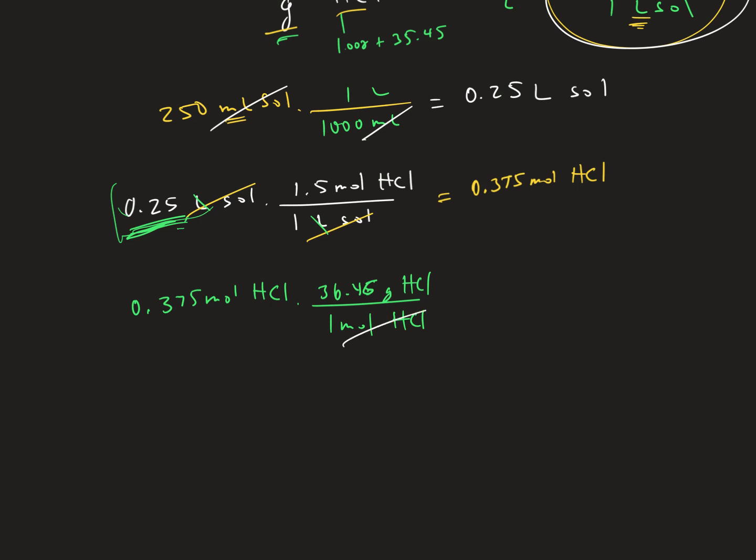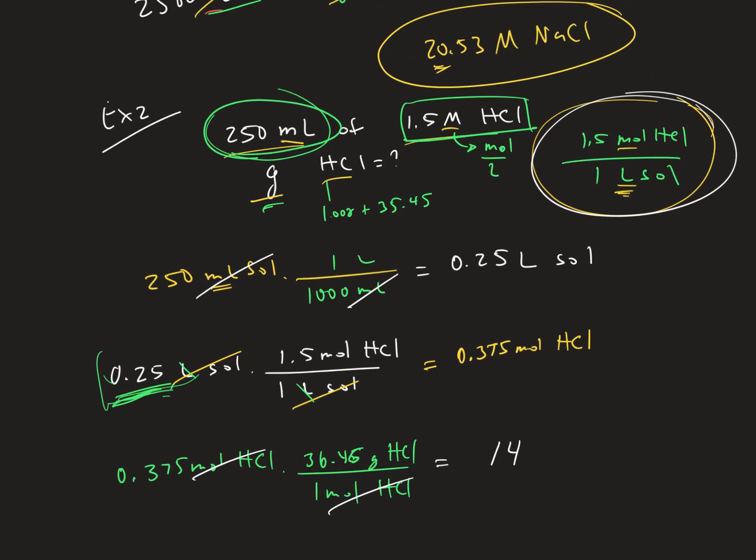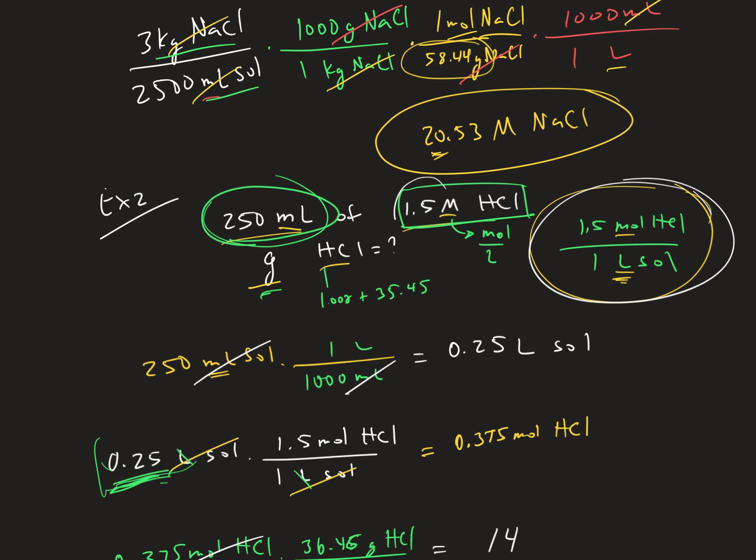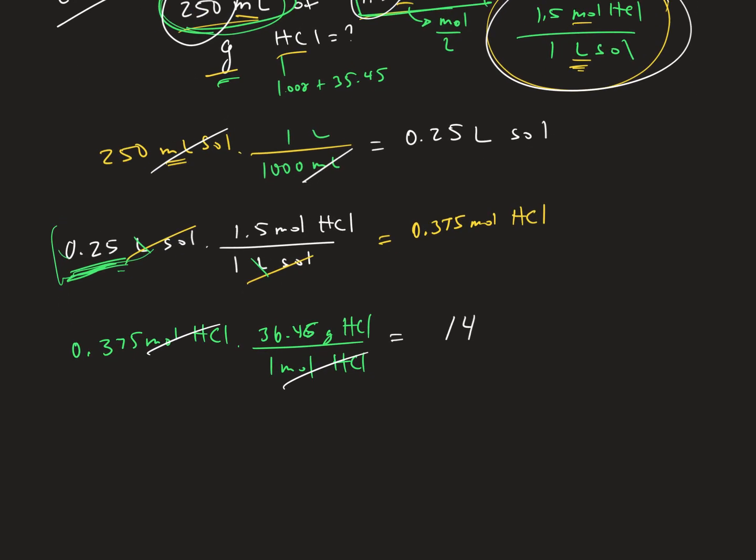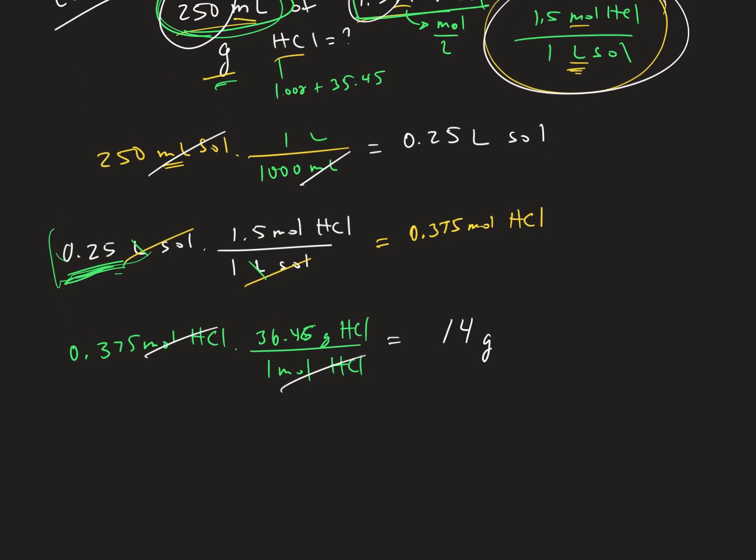All right, so moles go away, and we're left with grams. So we do 36.46 times 0.375, and we should get about 14, and it's actually 13.7, but we have 2 sig figs, so we should round to 2 sig figs.